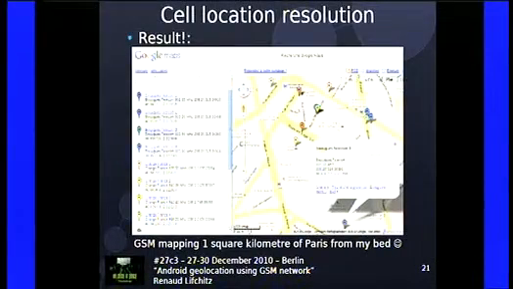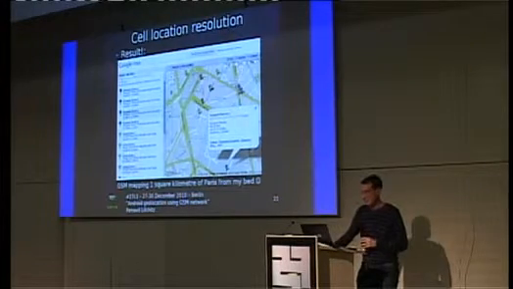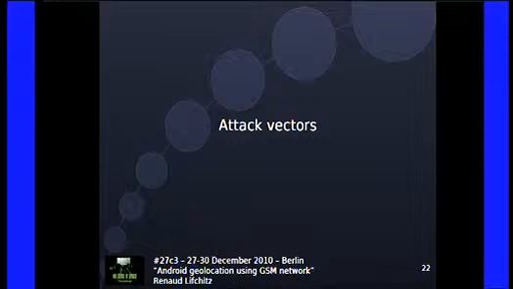And here in the capture, you see you have 4 different BTS broadcasts with MCC, MNC, LAC, and CID. I was able to map nearly 1 square kilometer of Paris from my bed without moving from my home, just by using the USRP and listening to broadcast. So this was the introduction about the geolocation with BTS.